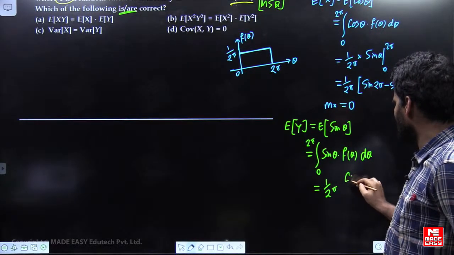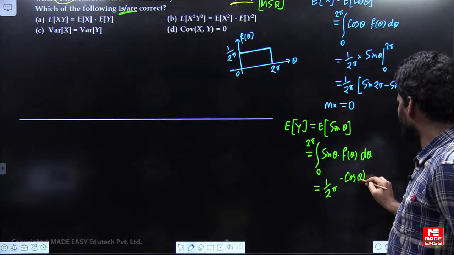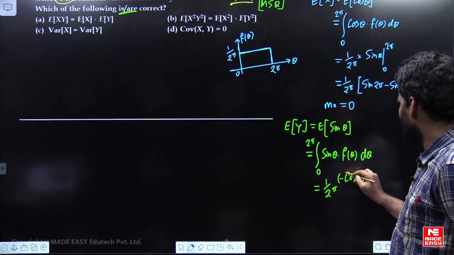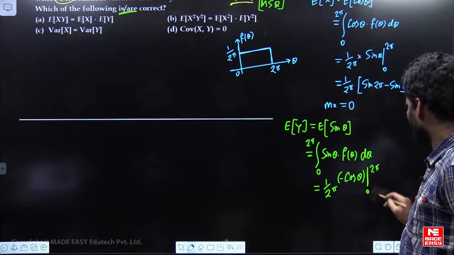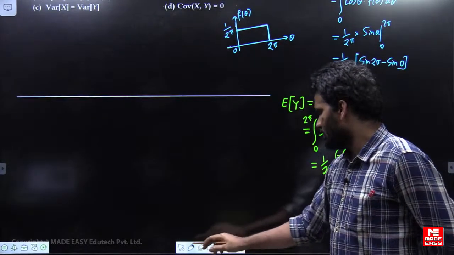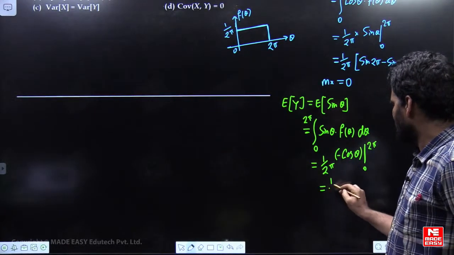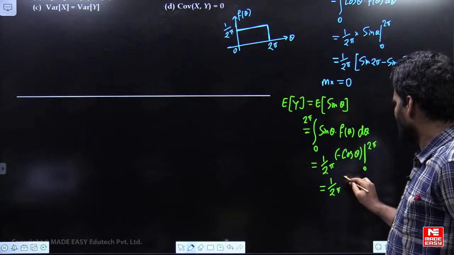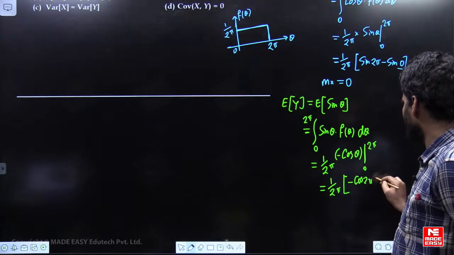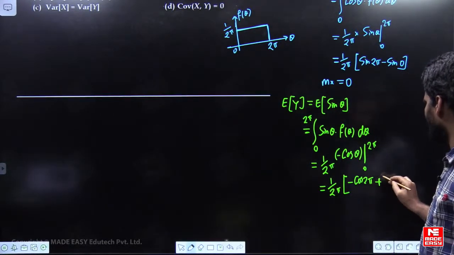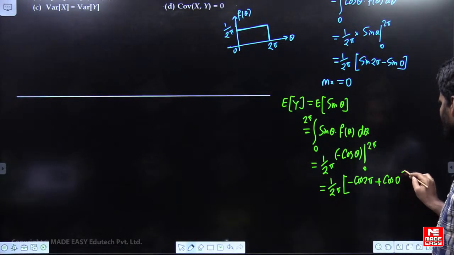Integration of sin theta is minus cos theta, with limits 0 to 2 pi. Substituting the limits, 1 upon 2 pi, upper limit minus cos 2 pi, minus minus will be plus, cos 0.